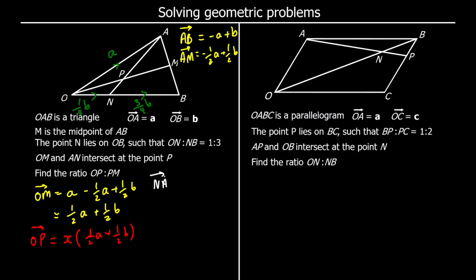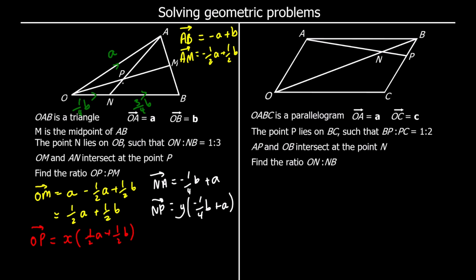N to A is minus 1/4 of B plus A. N to P is some fraction of that. Let's use Y this time. Y times minus 1/4 B plus A.